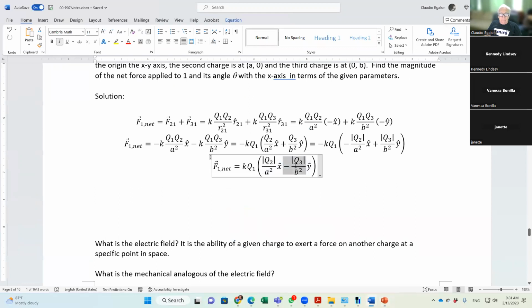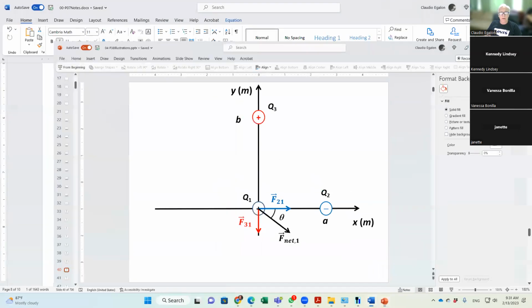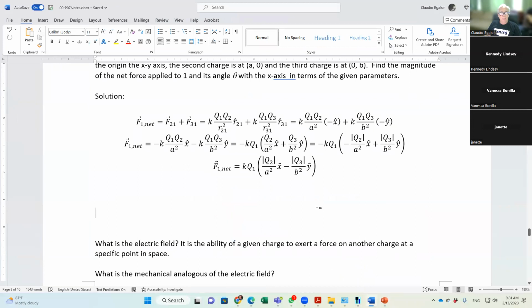This equation for charge number 3 is telling us that the force of 3 applied to 1 is along the negative y-axis. Yes, it is. So you are not done yet. That's the vectorial result for the net force.